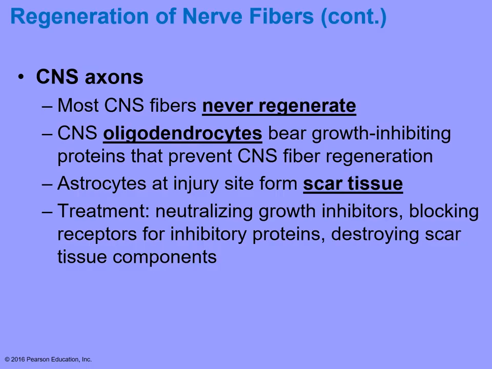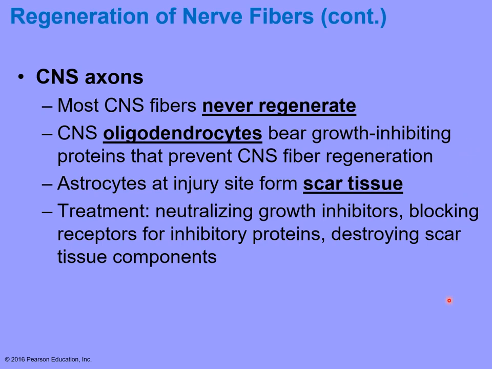Now there's a lot of research going on, and this is going to sound a little odd: can we inhibit the growth inhibiting proteins? These proteins stop growth, so if we can inhibit them, then maybe the nerve could grow.